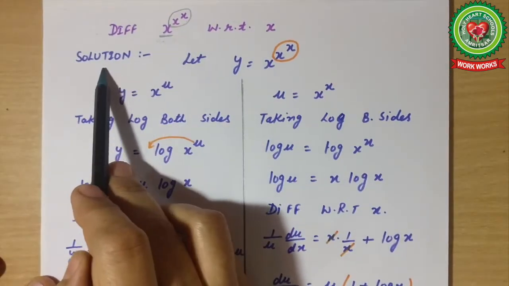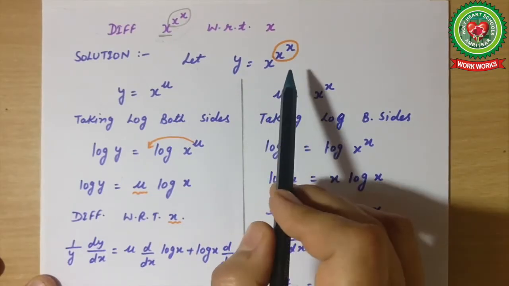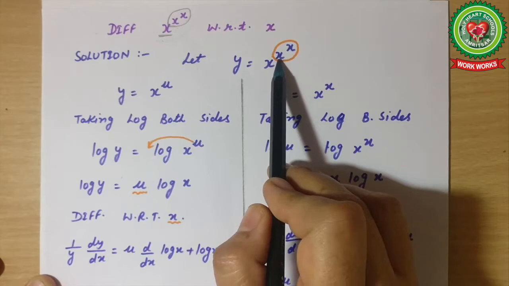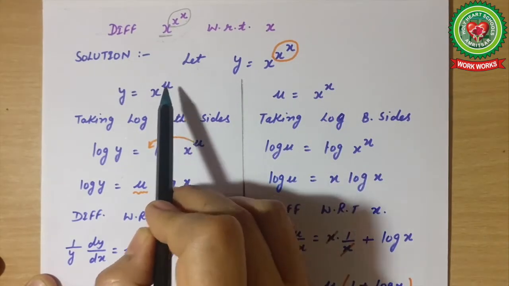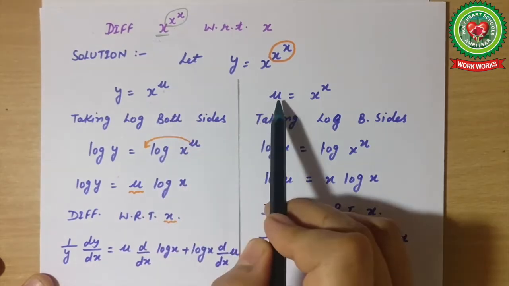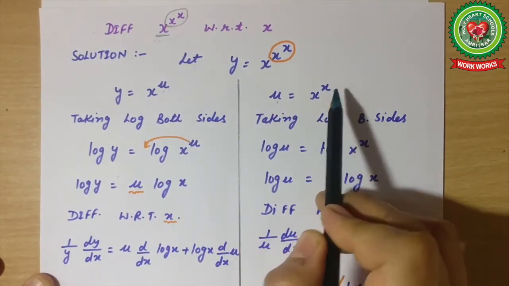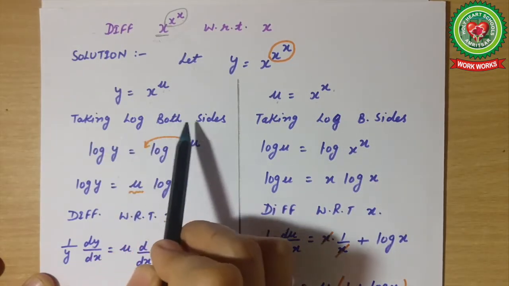Solution: let y equal x raised to power x raised to power x. Suppose this power is u, so y equals x raised to power u, and the value of u is x raised to power x. Now, according to the steps, we will take log on both sides.